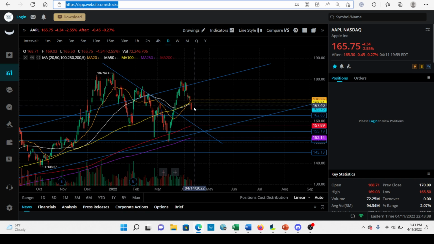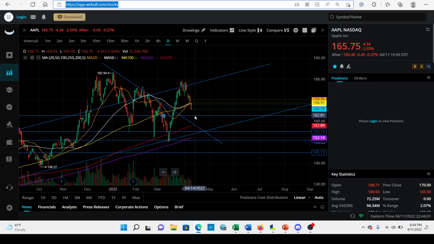So if I'm just looking at Apple, I think it wants to fall down to this area. Apple at 162.81. Now maybe at Apple 162.81, I might want to go and buy something like Microsoft or something like QQQ, and then just hope for that gap fill back up.